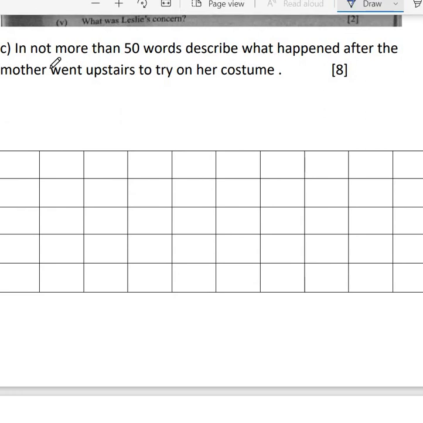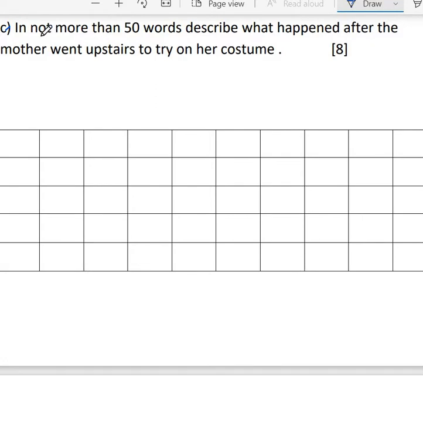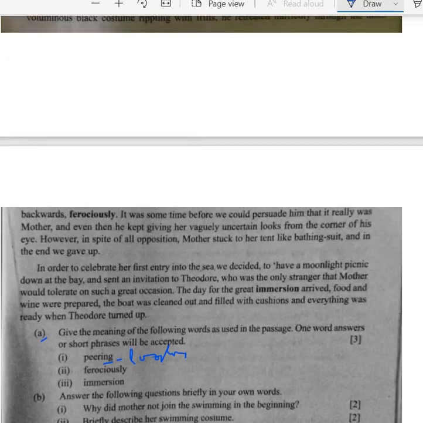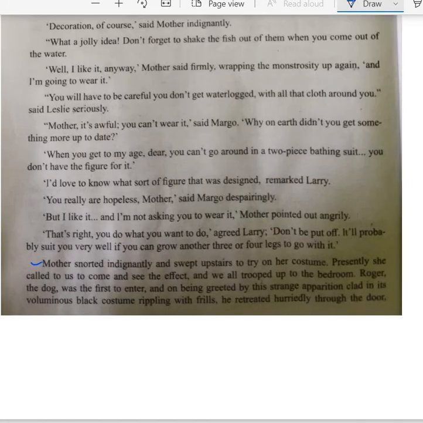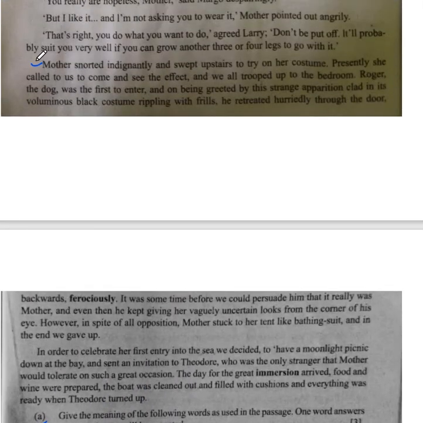Now we will be coming to the main part of this, that is question number C, where you are asked to describe, in not more than 50 words, what happened after mother went upstairs to try on her costume. As I have said, the last paragraph, or rather these two paragraphs, will be the answer.